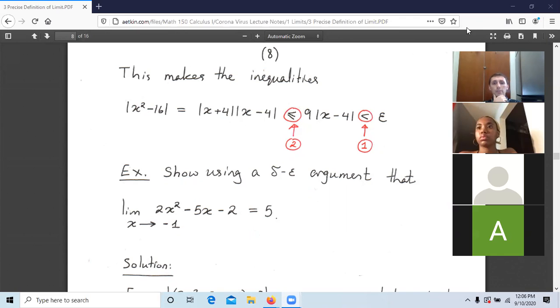Delta is the radius of the pipe. Your goal is to tell me what's the radius of the input pipe to get the current to enter the red pipe of radius epsilon.